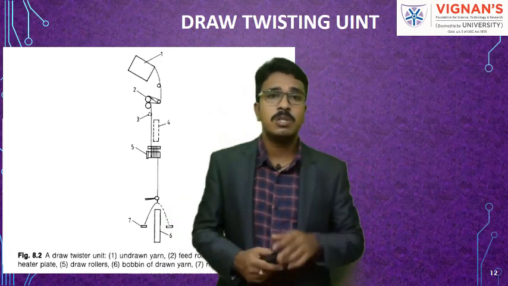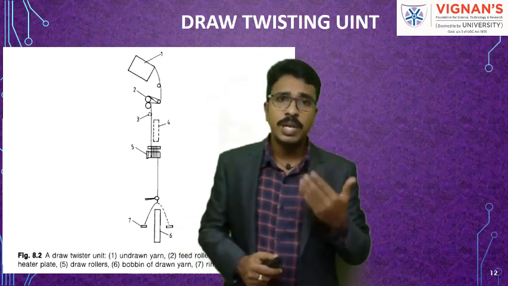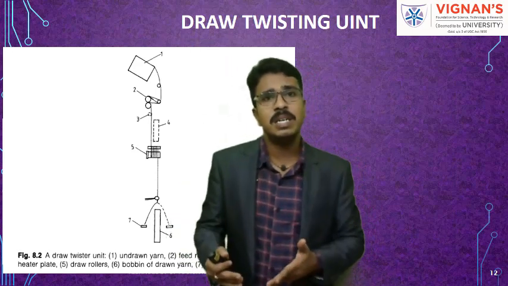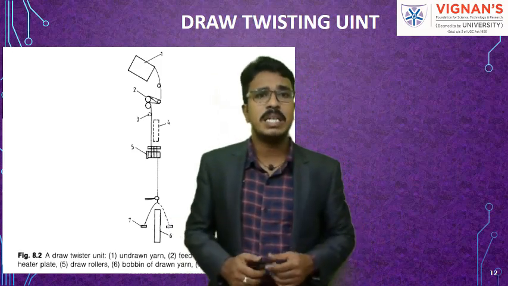Okay, so this draw twisting unit is required for low oriented yarns, that is spinning speeds between 500 to 1500, and then 1500 to 3000, that is partially oriented yarns.